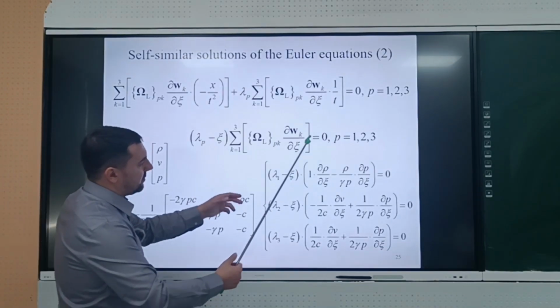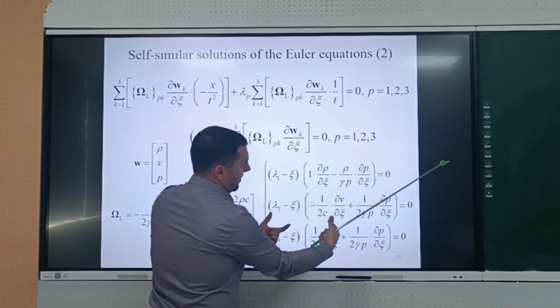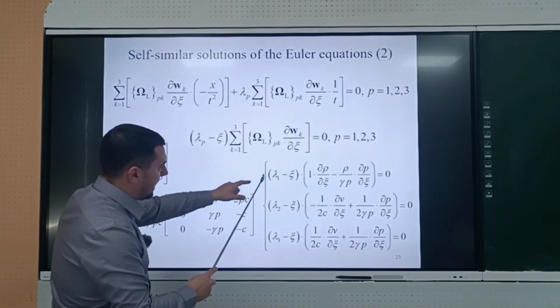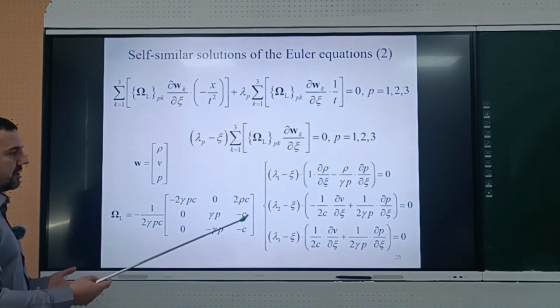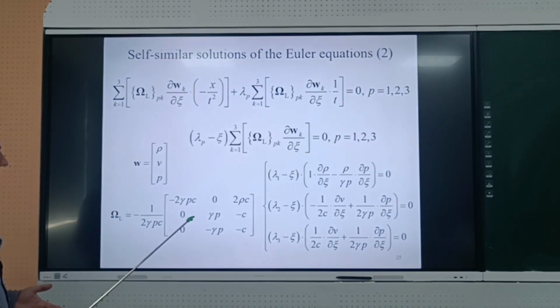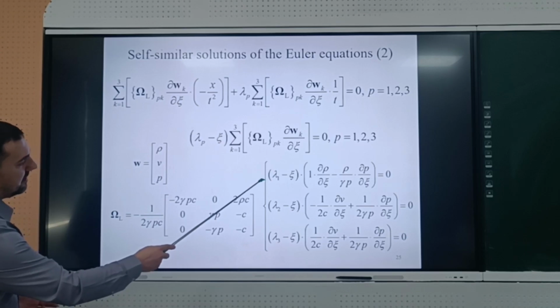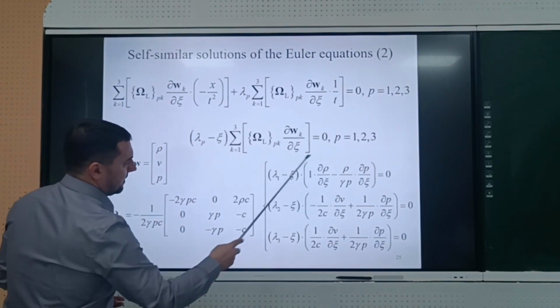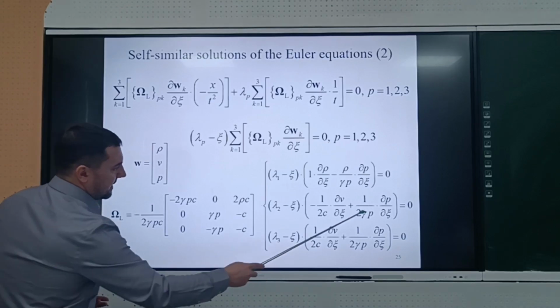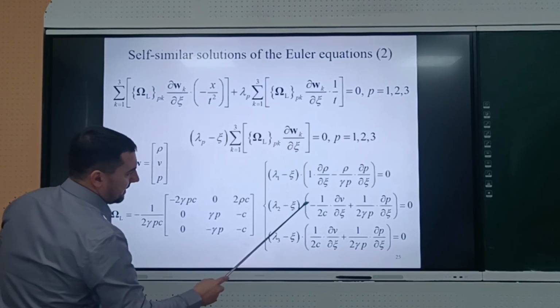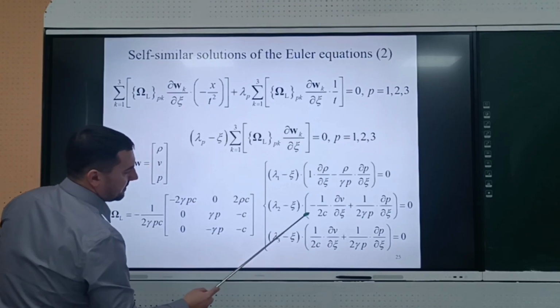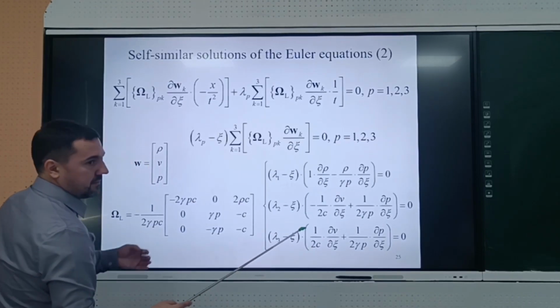It's the product of two parentheses, 1, 2, 1, 2, 1, 2, and here is lambda minus psi, lambda minus psi, lambda minus psi. What are the possible options? The possible options are the following. Psi equals lambda 1, then it is valid because it's 0. And then for these equations to be fulfilled, this guy in parentheses should equal 0, and this one too. This is the first solution.